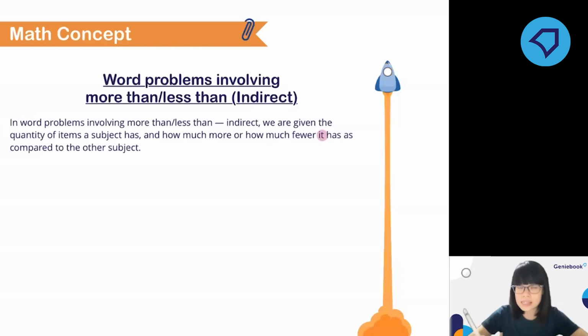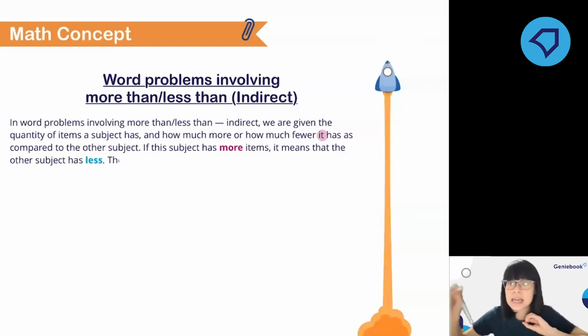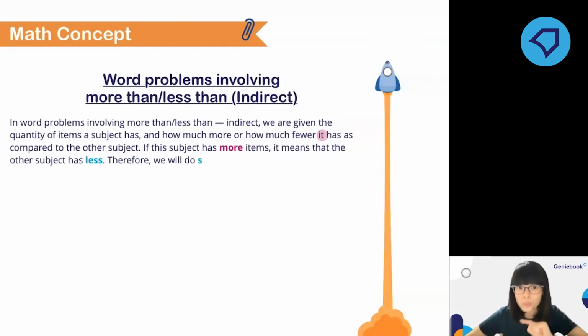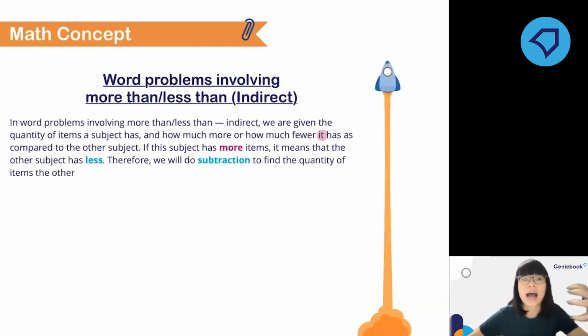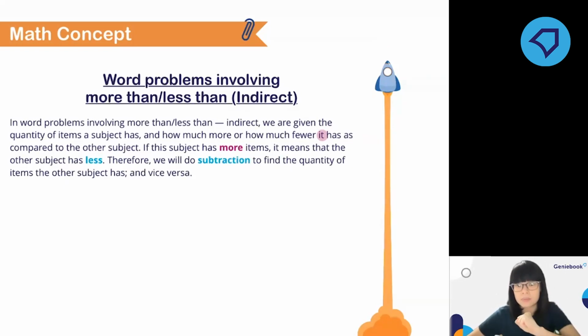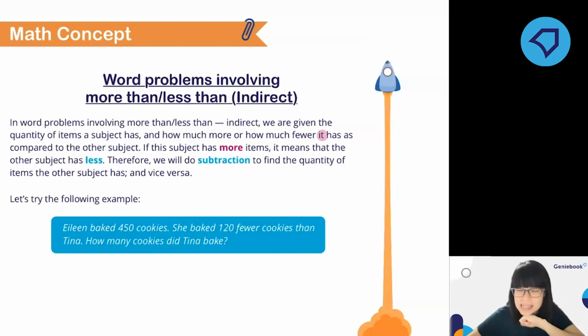So what does this mean? It means that if this subject has more items, the other subject has less. Therefore, we need to do subtraction to find the quantity of the items the other subject has. Okay, and vice versa. So let's take a look at an example, if this sounds a little bit confusing.